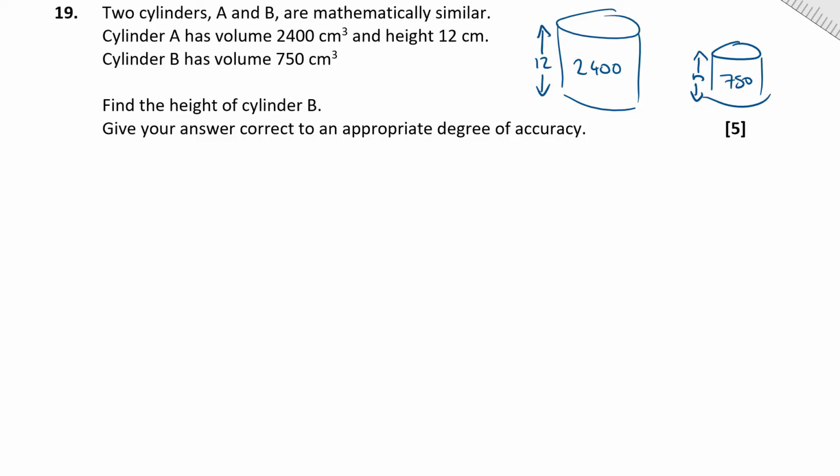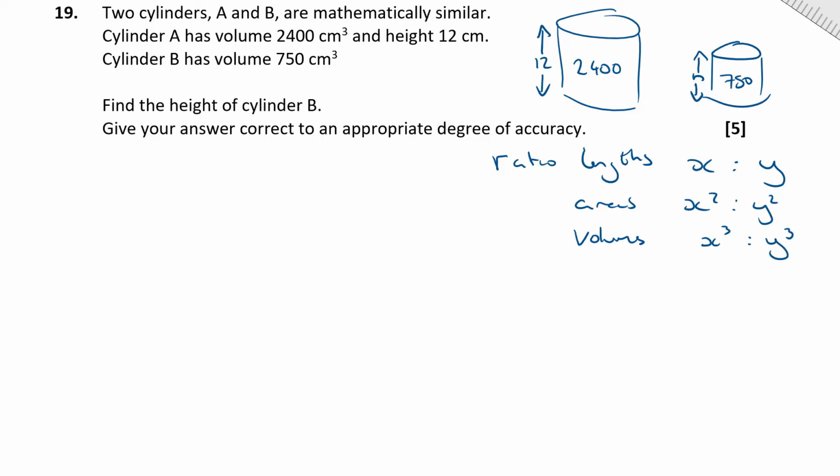Now when you've got two mathematically similar shapes, the ratio of their lengths and areas and volumes are all related. So if the ratio of their lengths was x to y, then the ratio of their areas is going to be x squared to y squared, and the ratio of their volumes is going to be x cubed to y cubed.